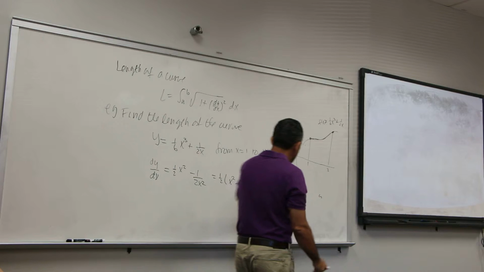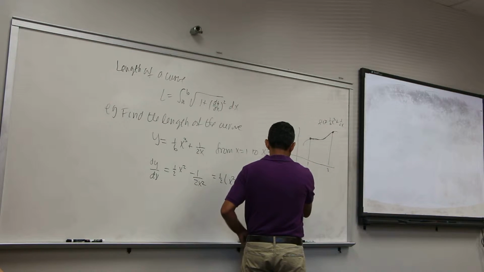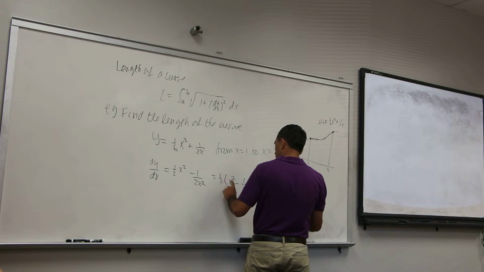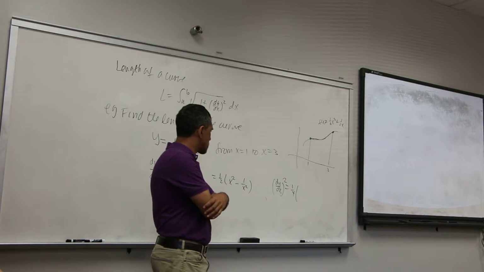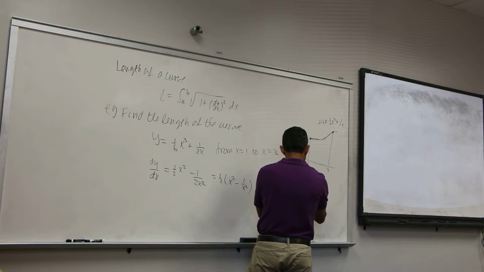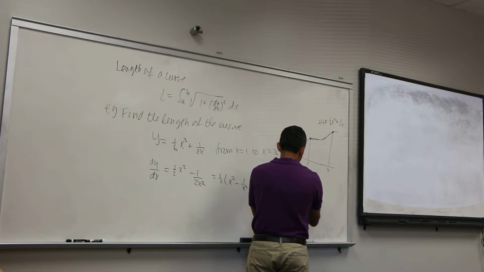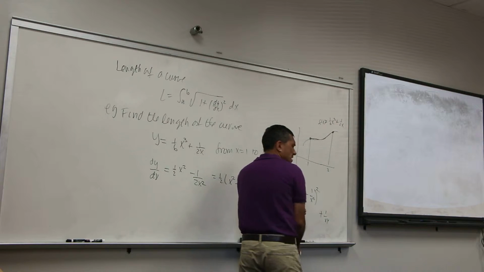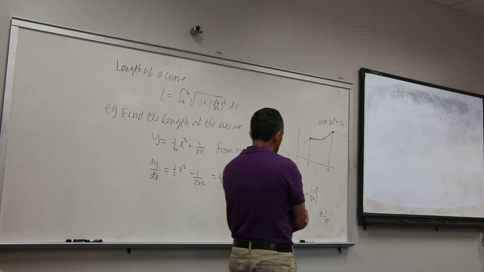So what is the square root of this? What is x squared minus 1 over x squared, squared? Multiply it out: x squared times x squared would be x to the 4, minus 1 over x squared times minus 1 over x squared would be plus 1 over x to the 4. x squared times minus 1 over x squared, that'd be minus 1.